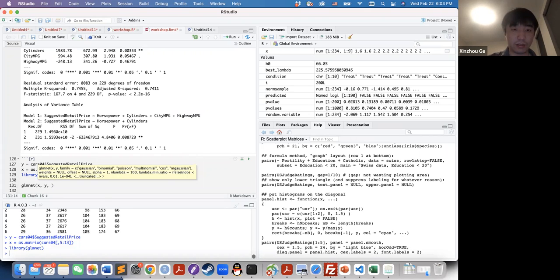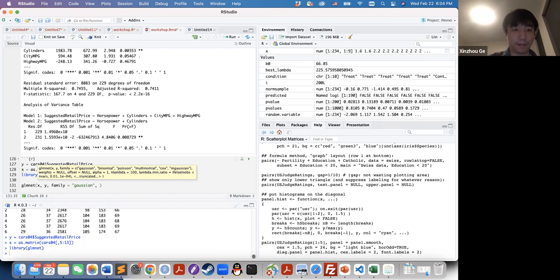And here we want to have an argument called family. Here we can just make family equals Gaussian for regular lasso regression, and we also need to know the alpha.